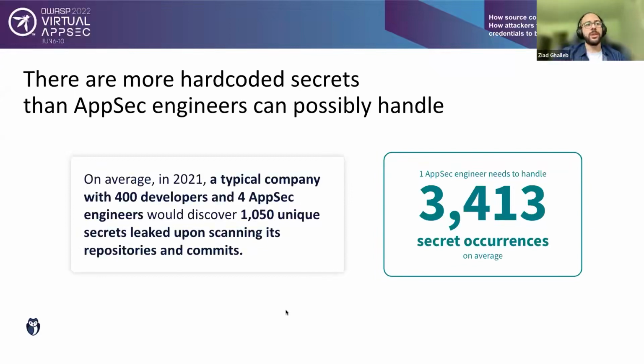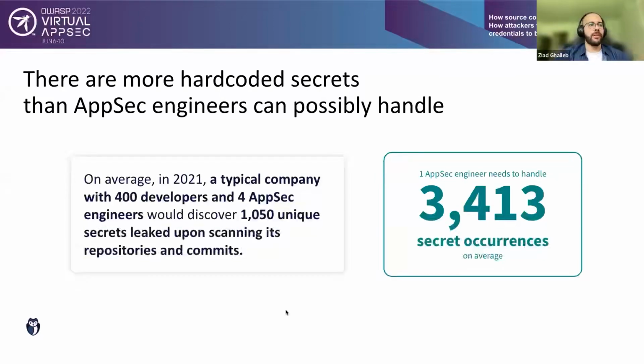Each secret is unique, but each happens to show up in more than one area across VCS repositories, files, etc. So we also counted the number of occurrences, and each secret on average is found in 13 different places.